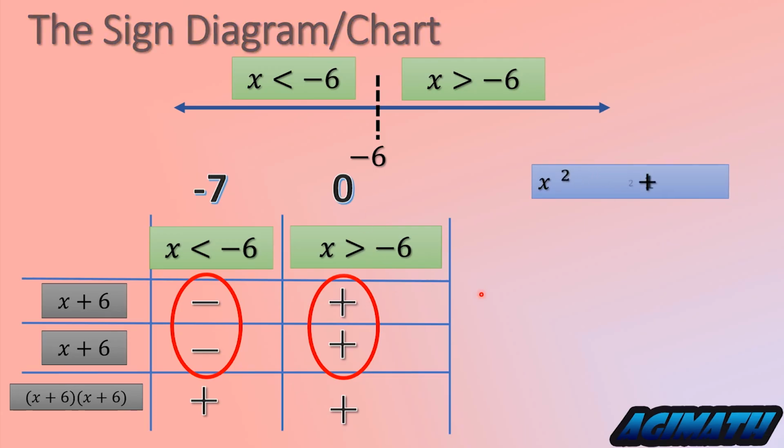Now, after doing the sign chart, we go back to the original inequality. x squared plus 12x plus 36 is less than 0. Again, it's less than, meaning we are going to look for a negative sign on the product.